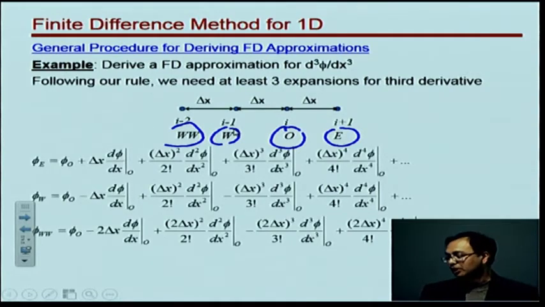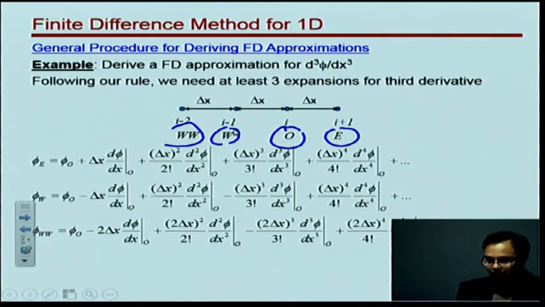Now one of the other things I want to point out here is that sometimes I see students getting confused as to, should I expand phi naught about phi east or phi east about phi naught? Which way should I go? This is a very common confusion. The answer to that is your pivot point.